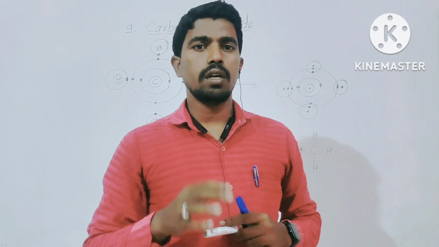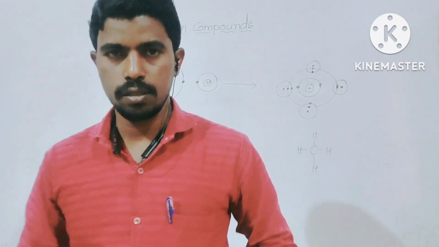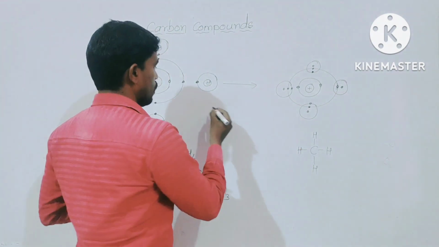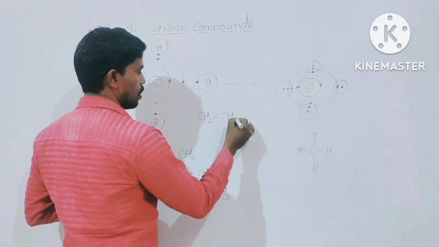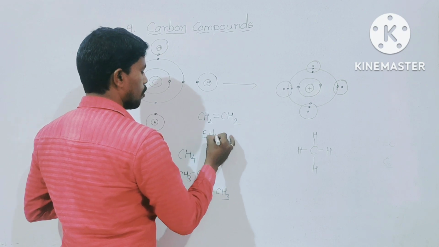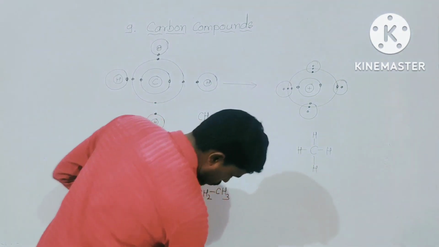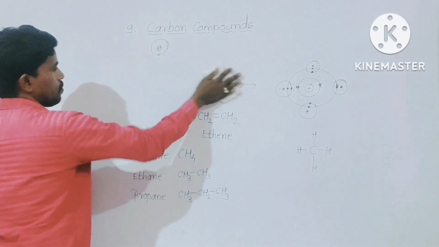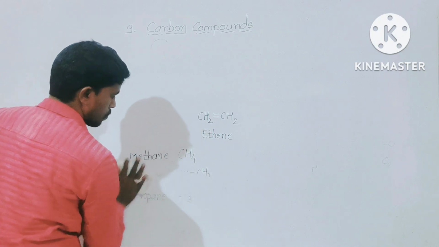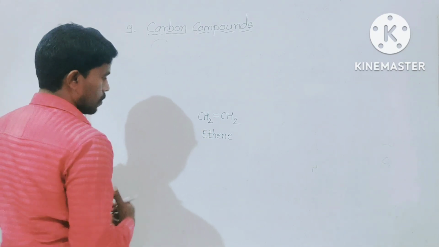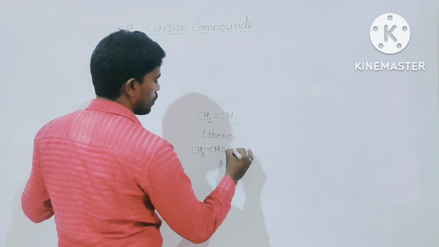The hydrocarbon which contains carbon-carbon double bond or triple bond is called as unsaturated hydrocarbons. For example, here ethene, CH2 double bond CH2. This is the molecular formula of ethene. And next, the propene, CH3 single bond CH double bond CH2.